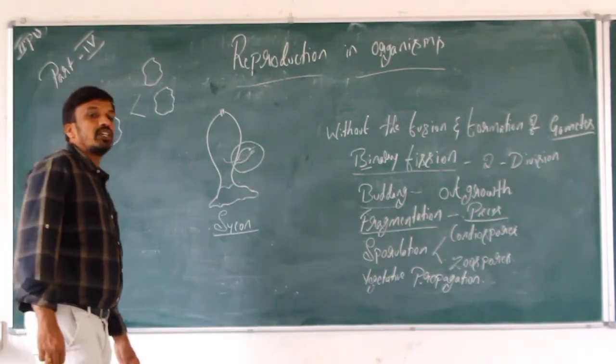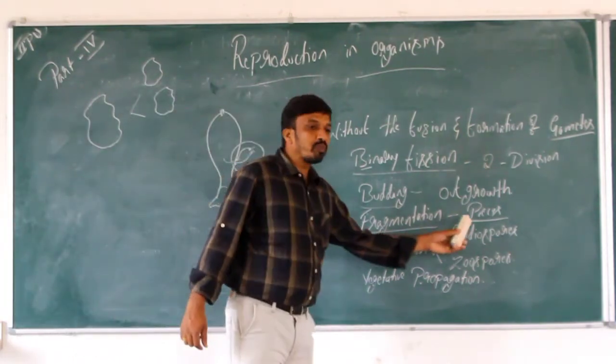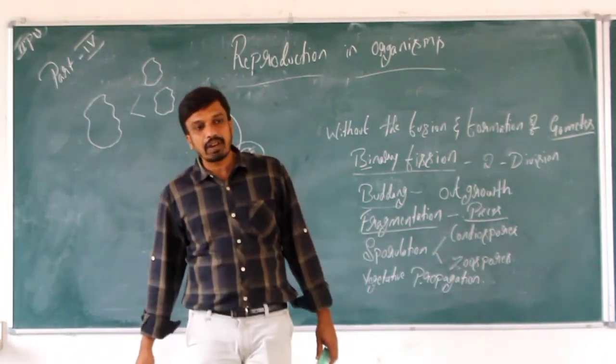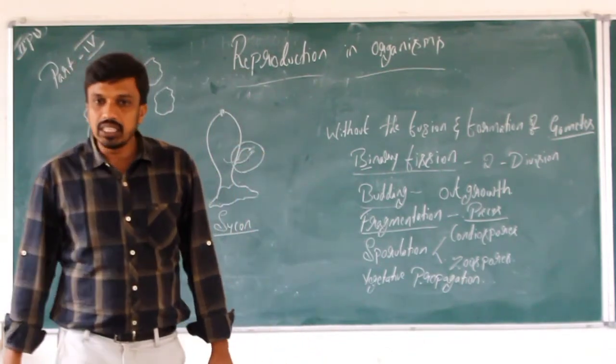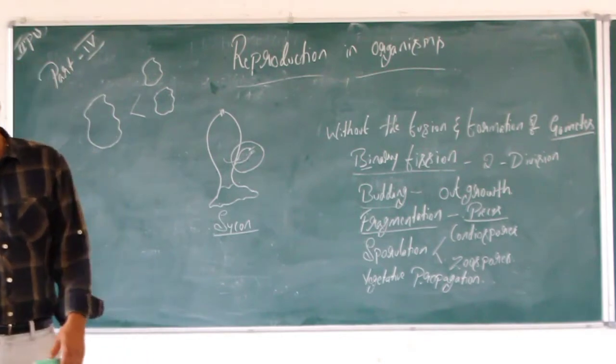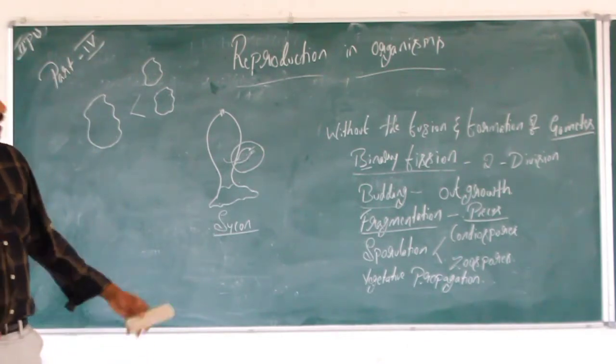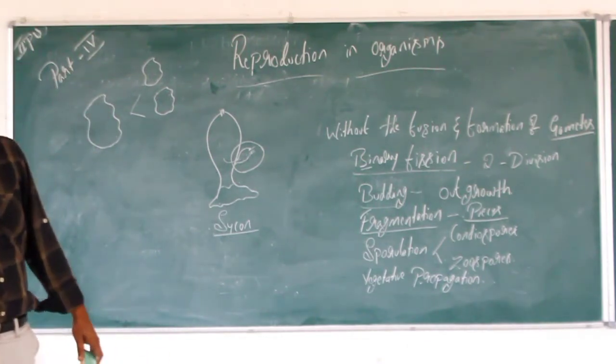The parent body divides into two or more pieces, and each fragment or piece has the capacity to develop into a new organism. This is called fragmentation.